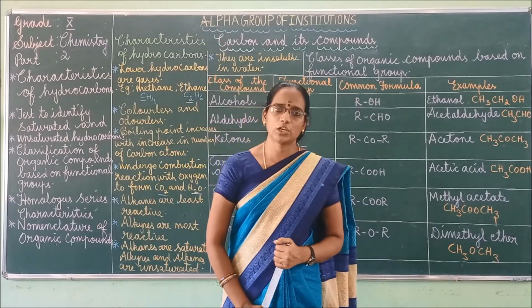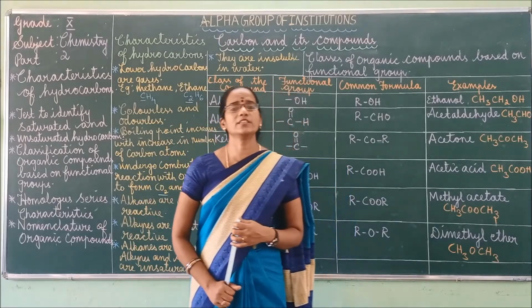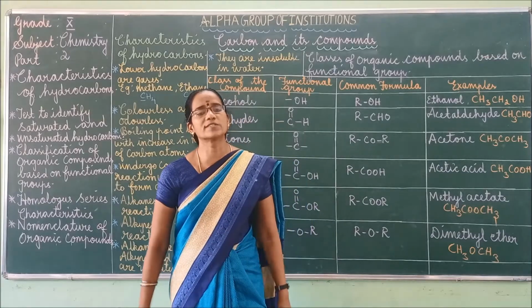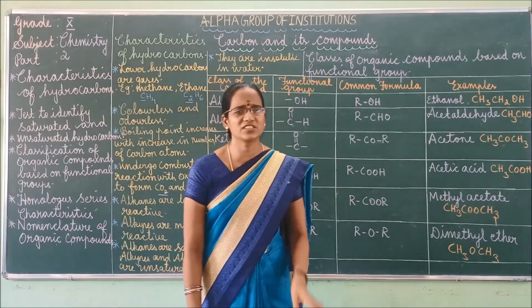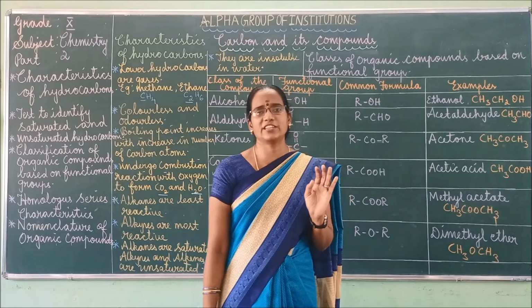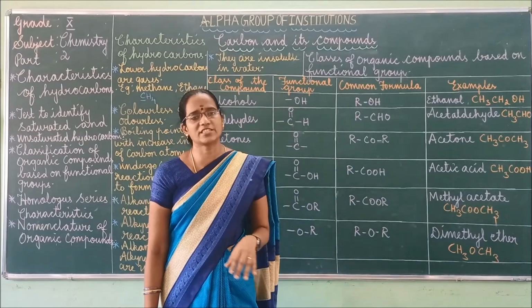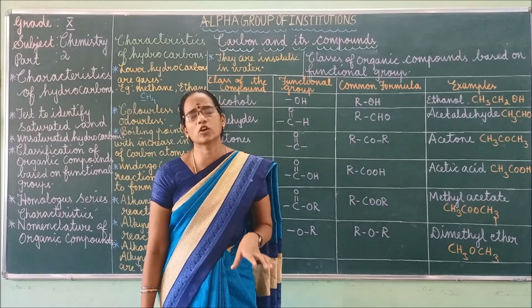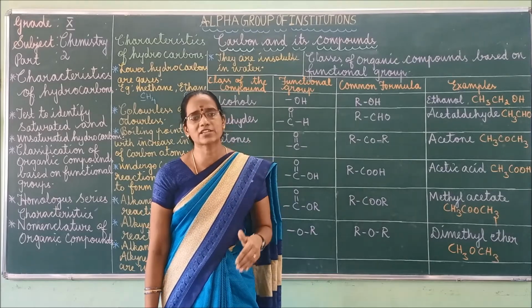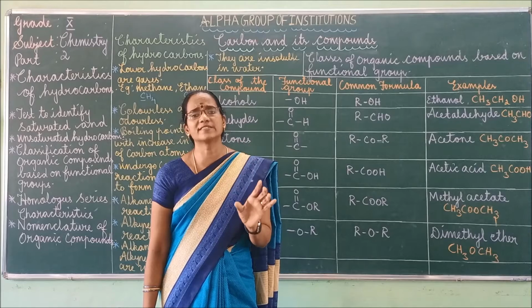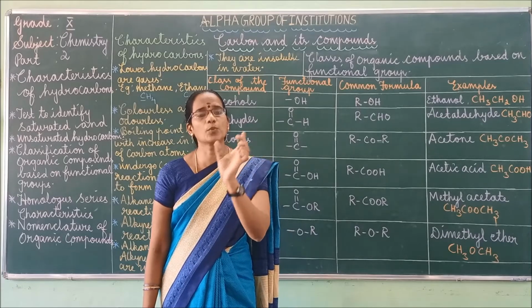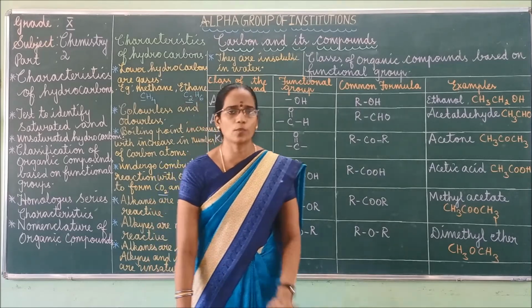Once again, the structural arrangement of organic compounds is made of carbon and hydrogen, which is less reactive in nature. At the same time, some atoms or group of atoms make that organic compound highly reactive, and they decide the general chemical properties of the organic compound.